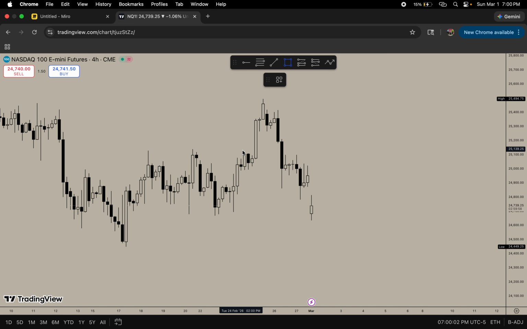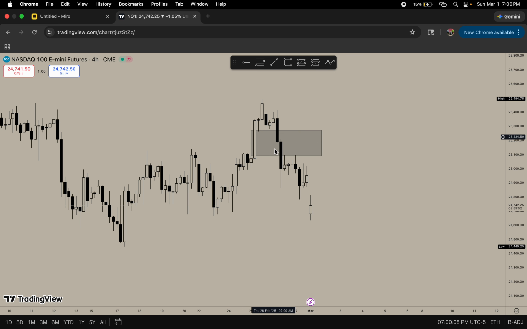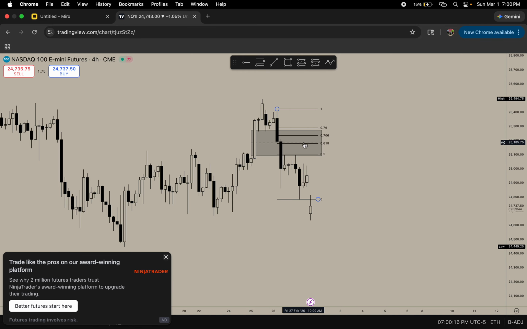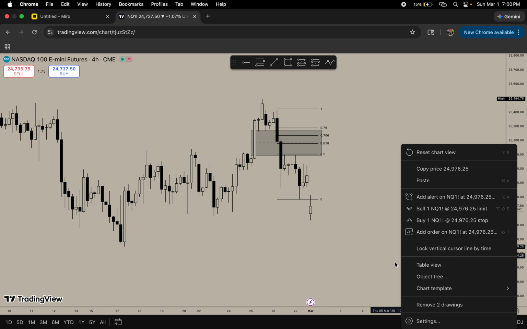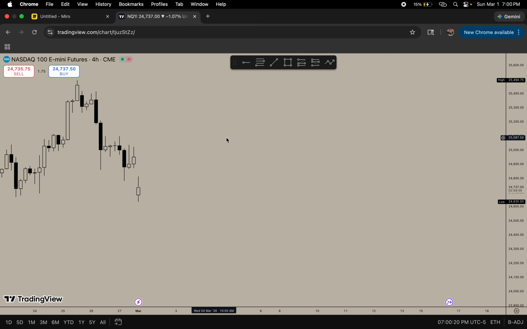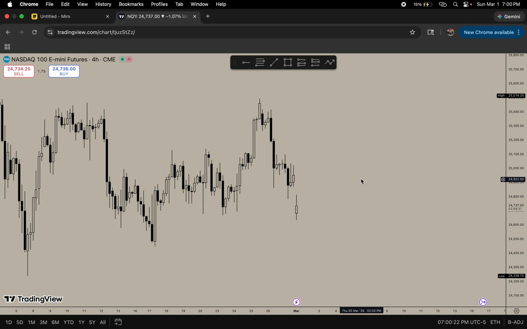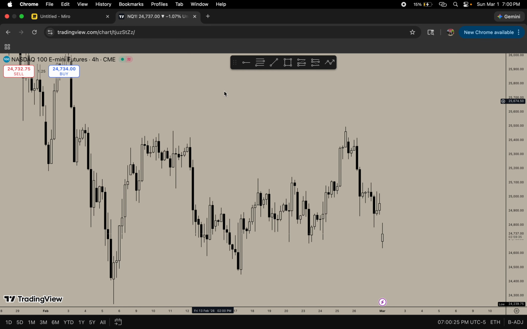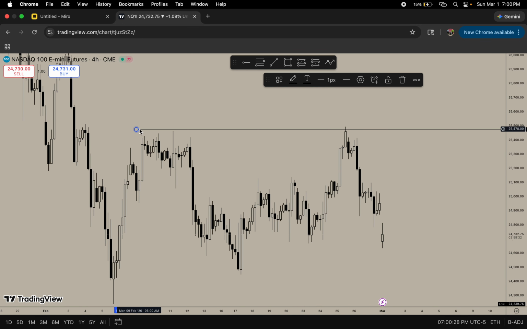We have this major gap that gets inversed. We have this leg of price that gets tapped into, but that's for later. Right now we're just focusing on liquidity. Another reason why price would want to move lower: we took out all these highs.